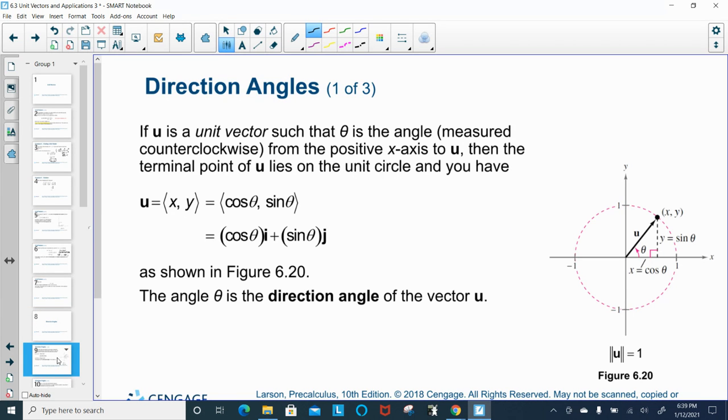Now, direction angles can also be written as a vector. If you look at the triangle inside this circle, you can see that we have the x being the cosine of theta, the y being the sine of theta, and we can write cosine theta i plus sine theta j, where theta is the direction angle of the vector.